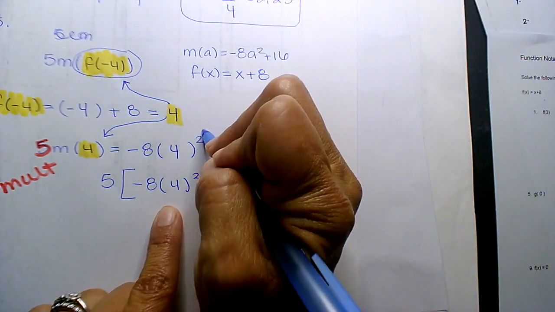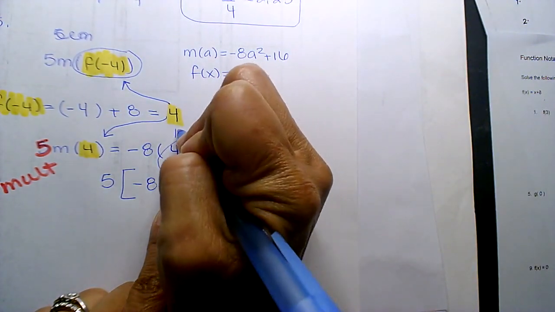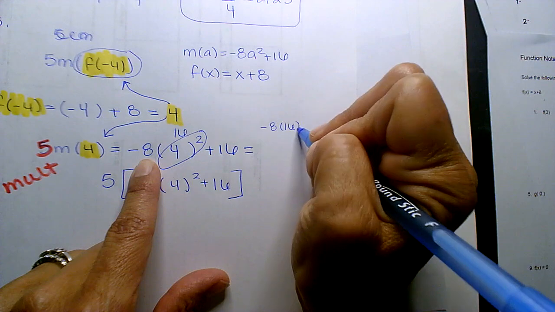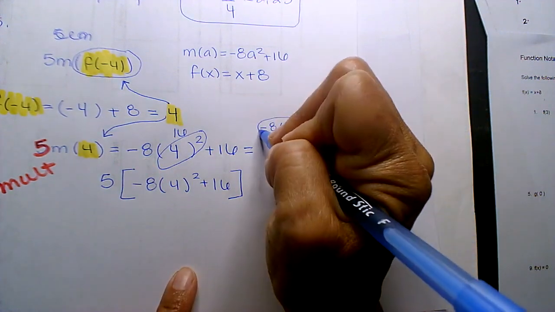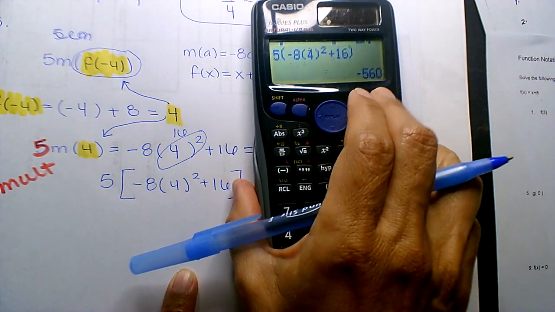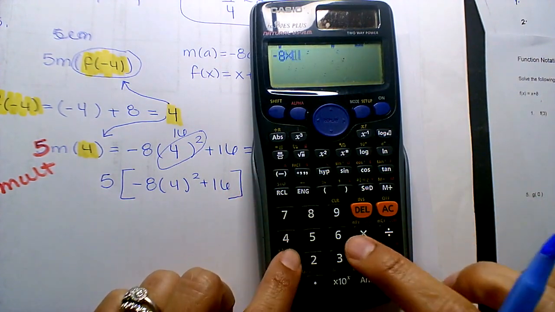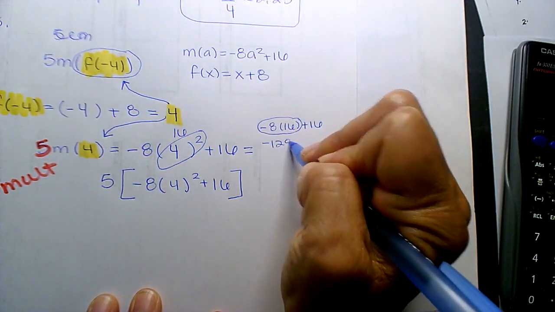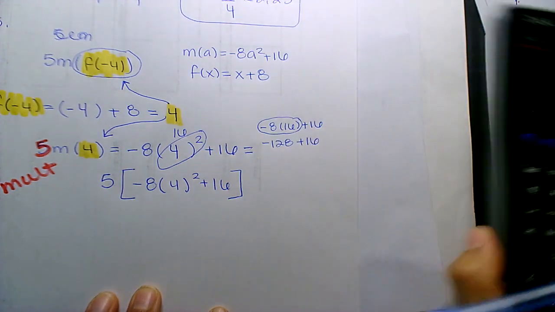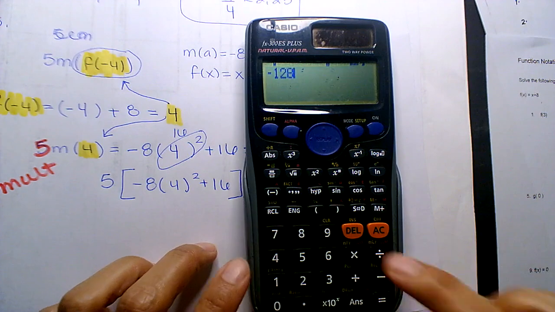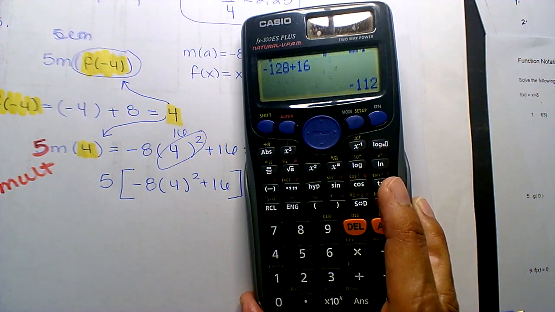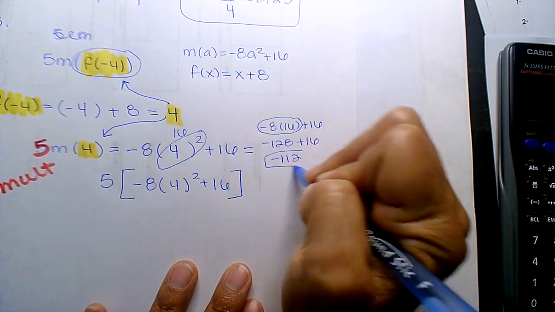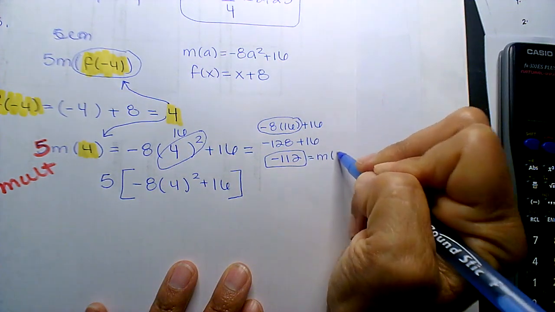Okay, so what's 4 squared? 16, right? So -8 times 16 plus 16. Okay, so what's -8 times 16? It's -128 plus 16. So what is -128 plus 16? -112. Okay, so -112 is m of 4.